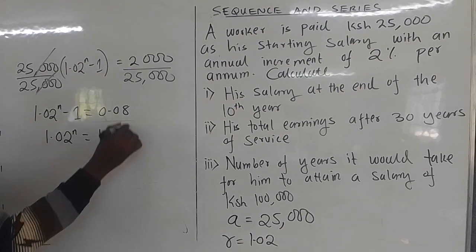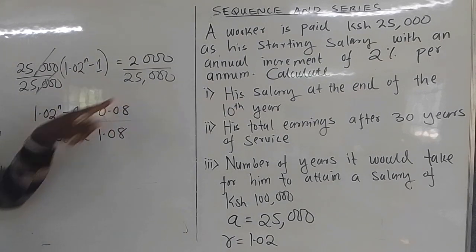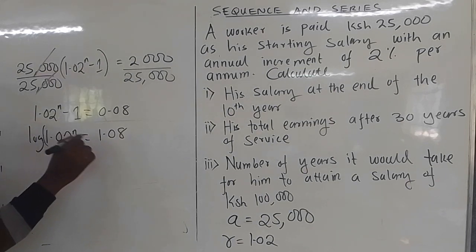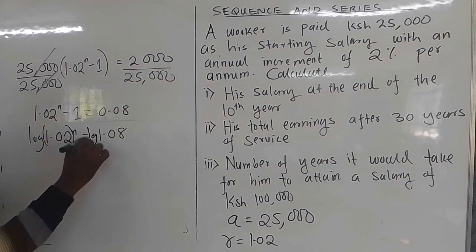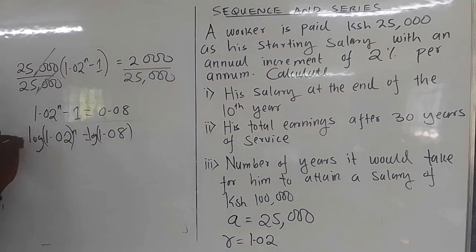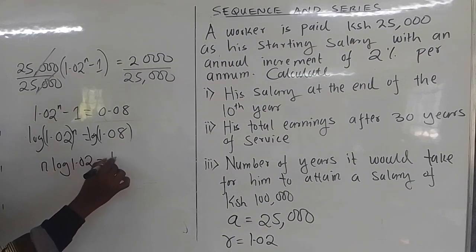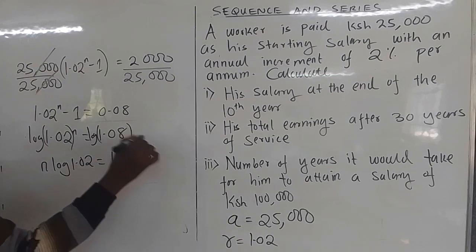Then you take 1 the other side, you get 1.02 raised to power N equals 0.08 plus 1, isn't it? Then for you to get N, you introduce logarithms to remove the power, isn't it? So you introduce log on both sides of the equation, so that the power becomes the coefficient, isn't it? So we now have N log 1.02 is equals to log 1.08.